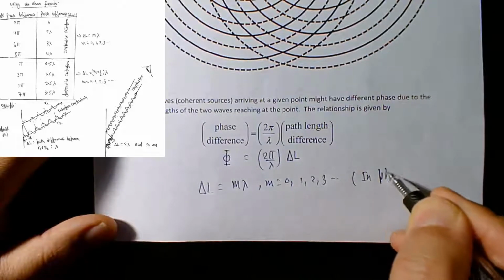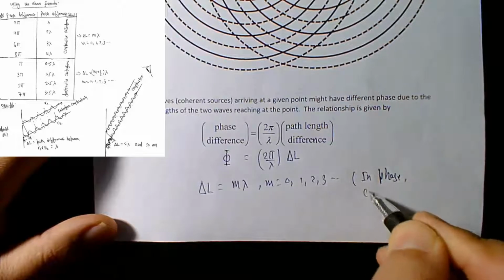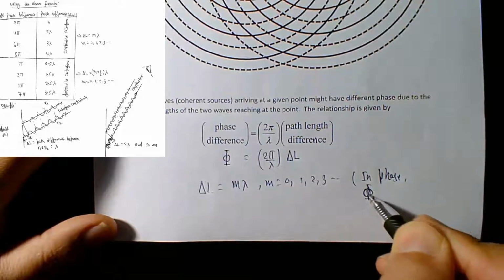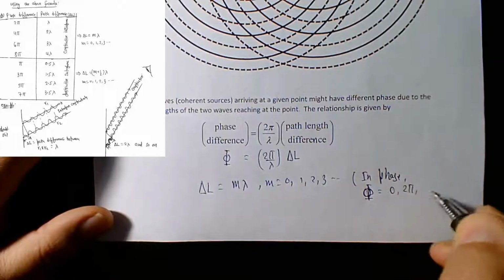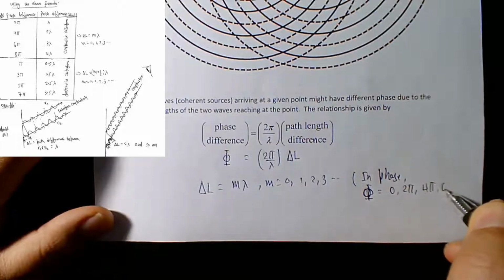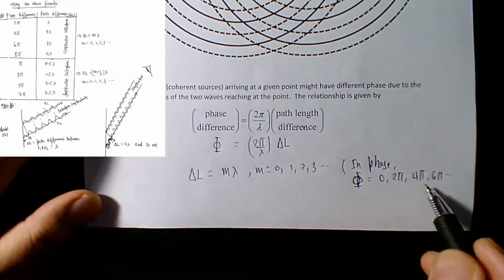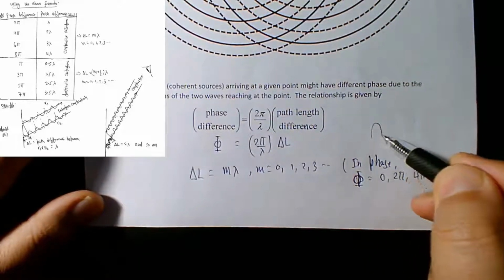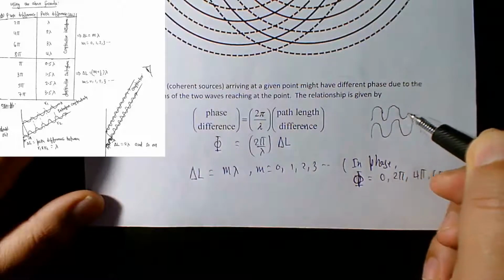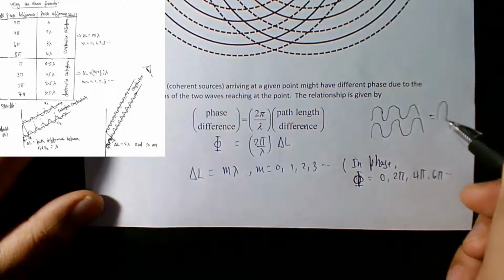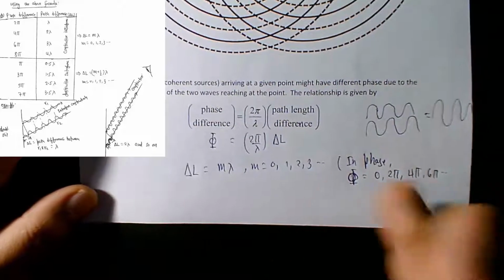That means the phase difference is 0, 2 pi, 4 pi, 6 pi, an even number of pi. And they meet like this. These two waves at that point meet in phase, and they produce constructive interference, bright light.